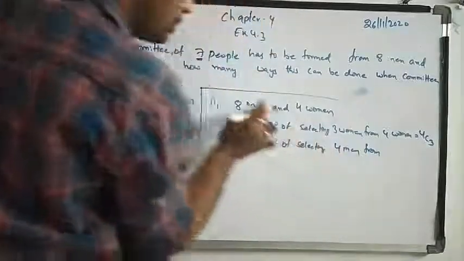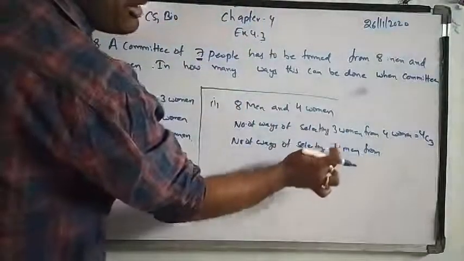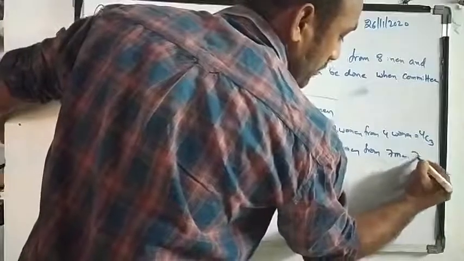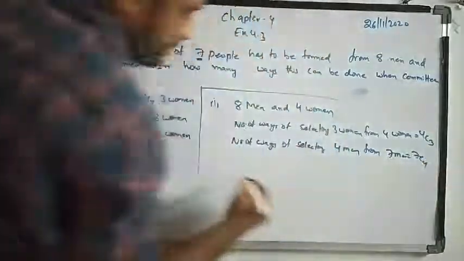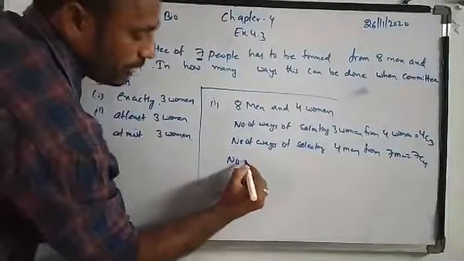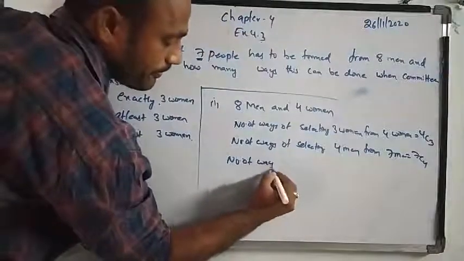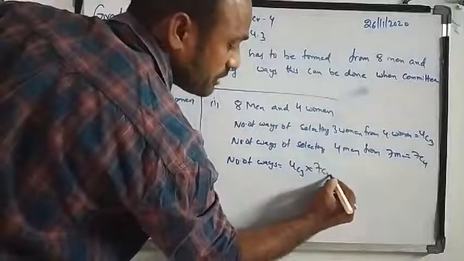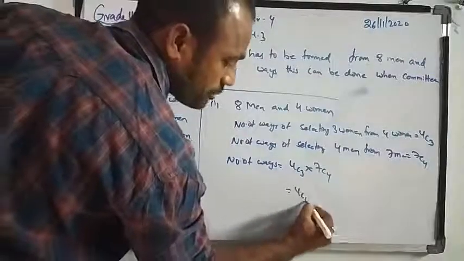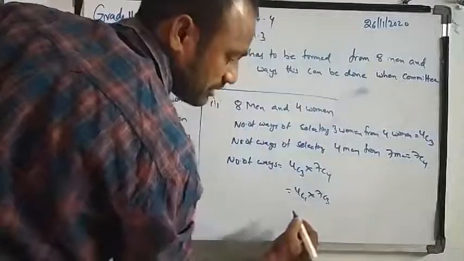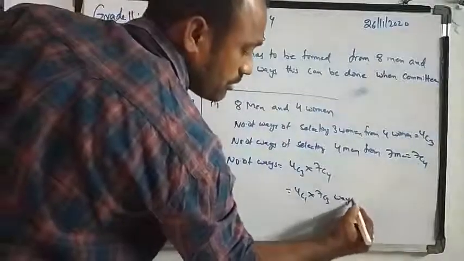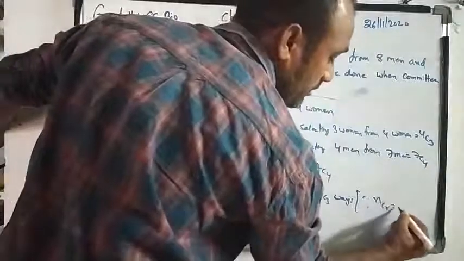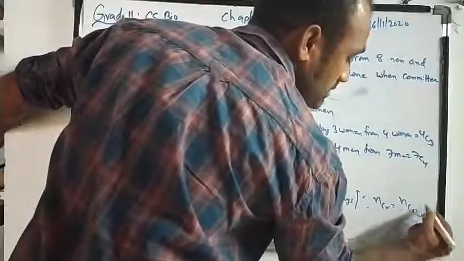Why? Because totally there should be 7 people, and 3 people are already covered. So we need to select 4 from the 8 men. So total number of ways is equal to 4C3 into 8C4. So here this can be written as nCr can be written as nC(n minus r).